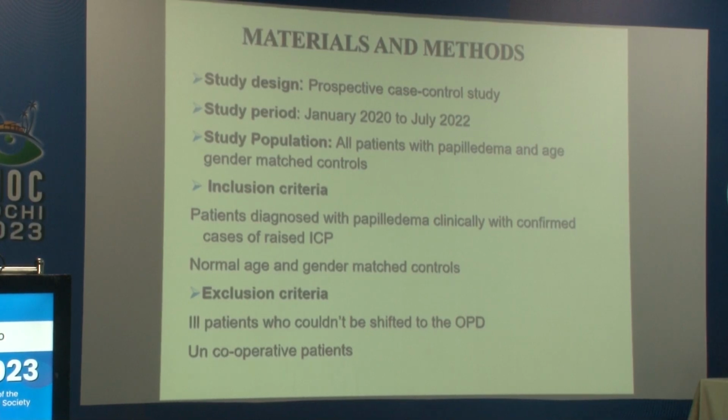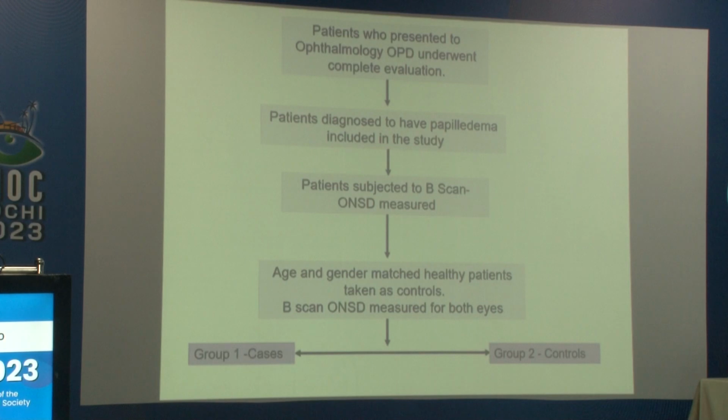We did not include the patients who could not be shifted to OPD and the uncooperative patients. We underwent a complete evaluation, and the patients diagnosed to have papilledema were subjected to B-scan ONSD, and similar age and gender matched controls were taken, and we measured B-scan ONSD for them. We divided them into group 1, that is cases, and group 2, that is controls.